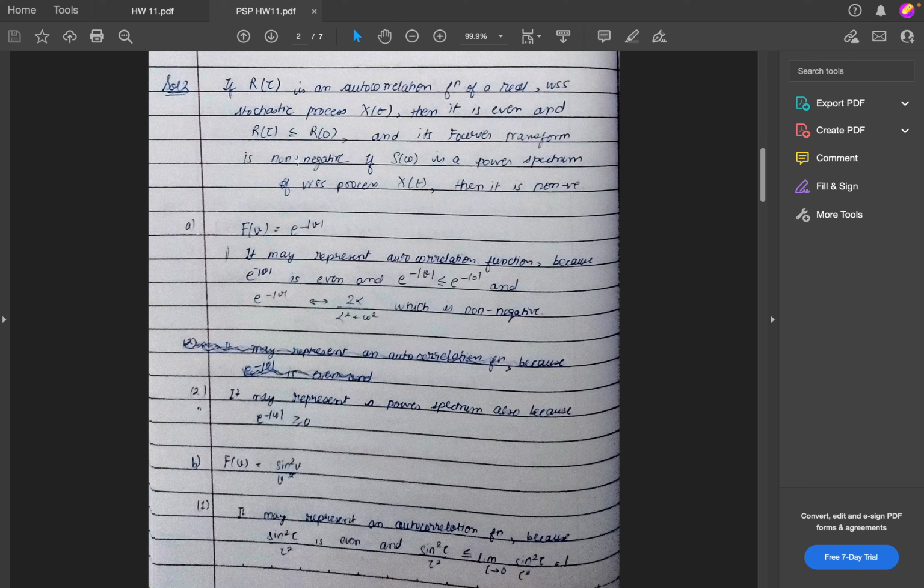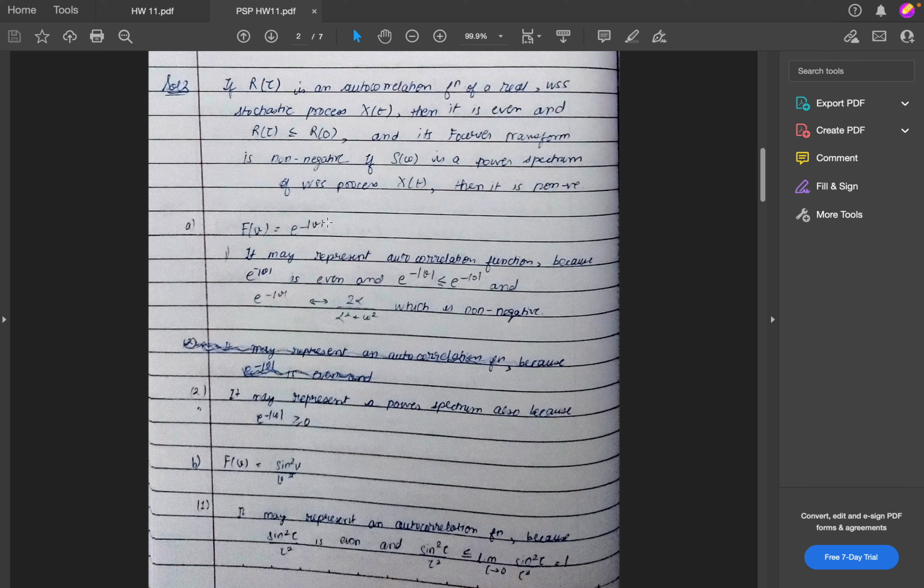And we also know that if the spectral density S of omega is a power spectrum of wide-sense stationary process x of t, then it should be non-negative.